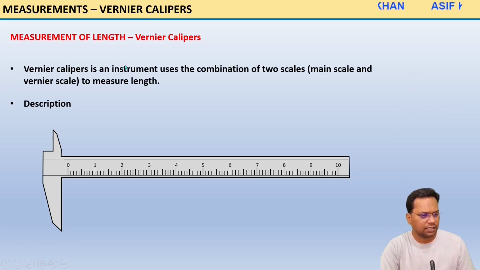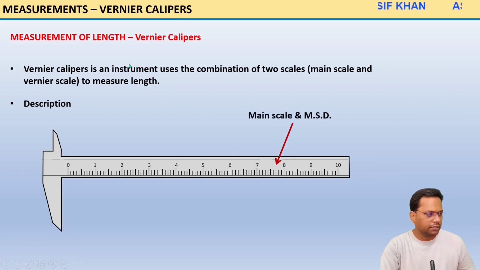There are 10 divisions in a centimeter, normally up to 15 centimeters, and every centimeter is again divided into 10 parts, that is 10 millimeter divisions inside the centimeter. These divisions are called main scale divisions, also indicated by MSD.